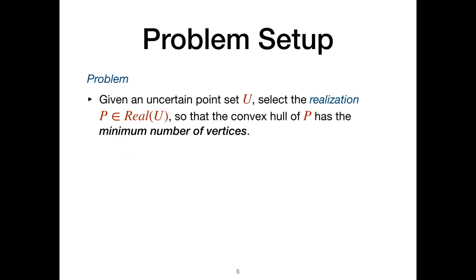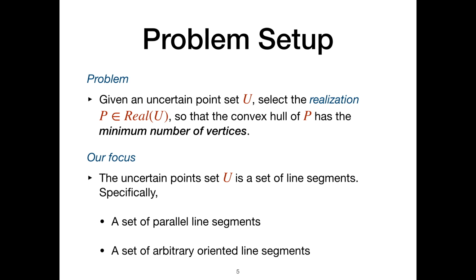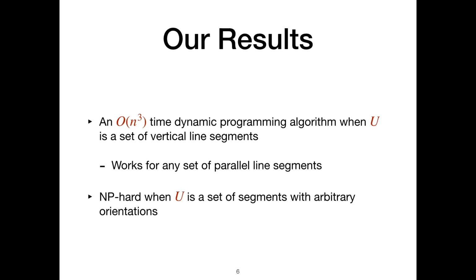We focus on the case when the set of uncertain points is a set of line segments. Specifically, we consider a set of parallel line segments and a set of arbitrarily oriented line segments. Our results include a cubic time dynamic programming algorithm when U is a set of vertical line segments.